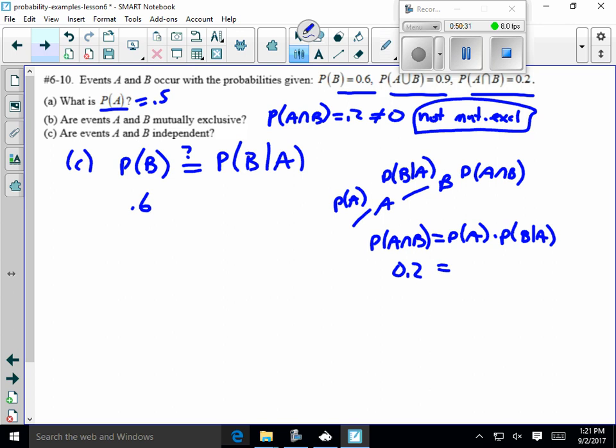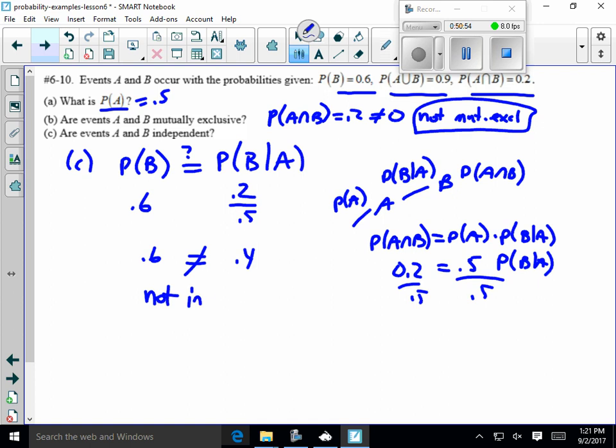I know the probability of A we computed is 0.5, so I should be able to compute this probability. I'll just divide both sides by 0.5. So this is going to end up being 0.2 divided by 0.5, and 0.2 divided by 0.5 is 0.4, and 0.4 and 0.6 are not equal. That means the probability of B is changing whether or not A happens, and that means that these are not independent.